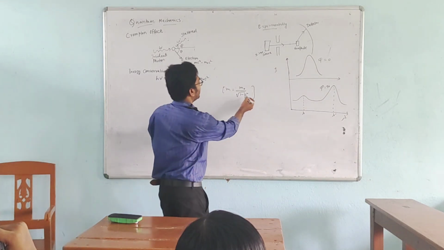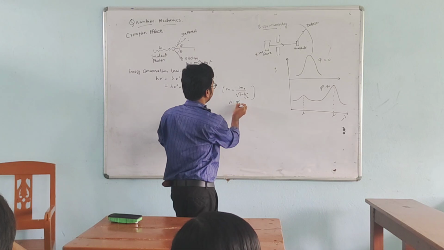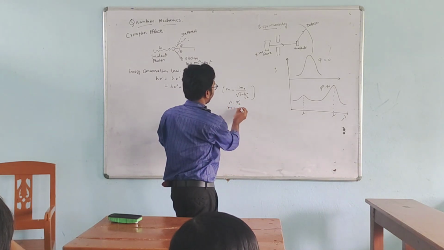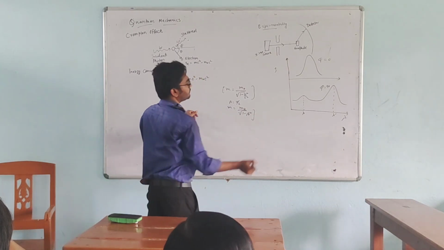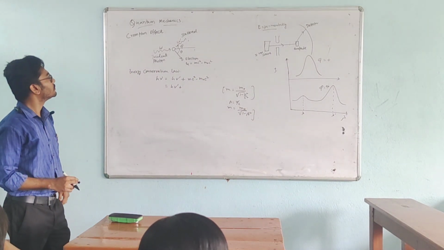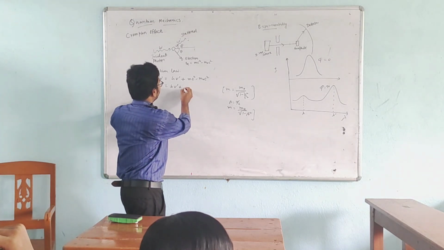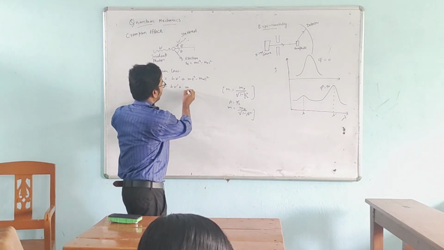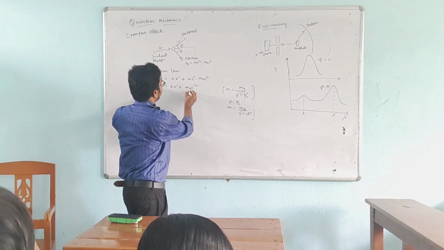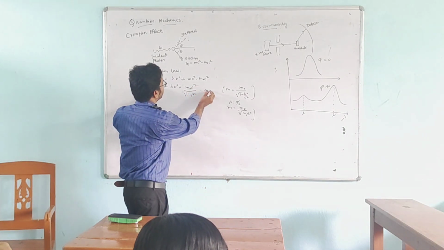If we say v by c as beta, then m equals m0 by root over 1 minus beta square. So the kinetic energy is m naught c square by root over 1 minus beta square minus m naught c square.